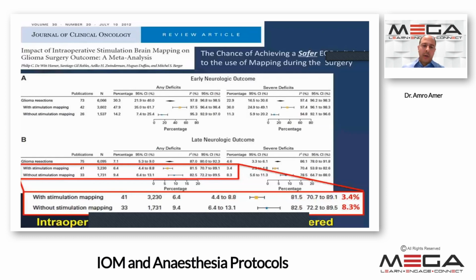He showed that with mapping, we decrease the postoperative neurodeficit by more than 100%. The surgeon has a way so he can do as much resection as possible with less injury.